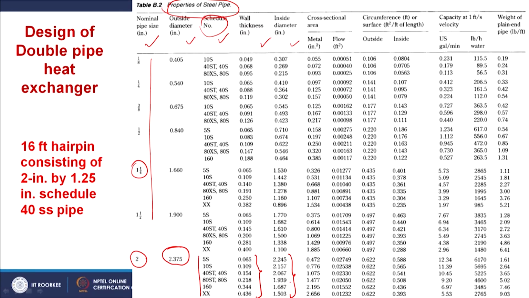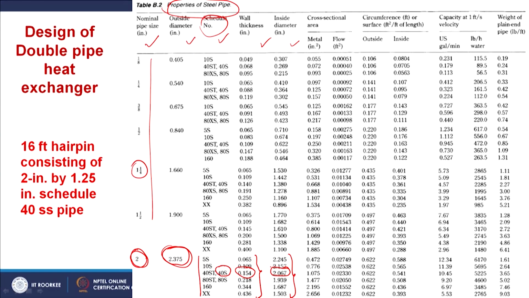So what inner diameter can you consider? Here the schedule number is given as 40S. Corresponding to 2-inch nominal diameter, I am finding this as OD. Now, for 40S, this much wall thickness you should consider, and this is the inner diameter.